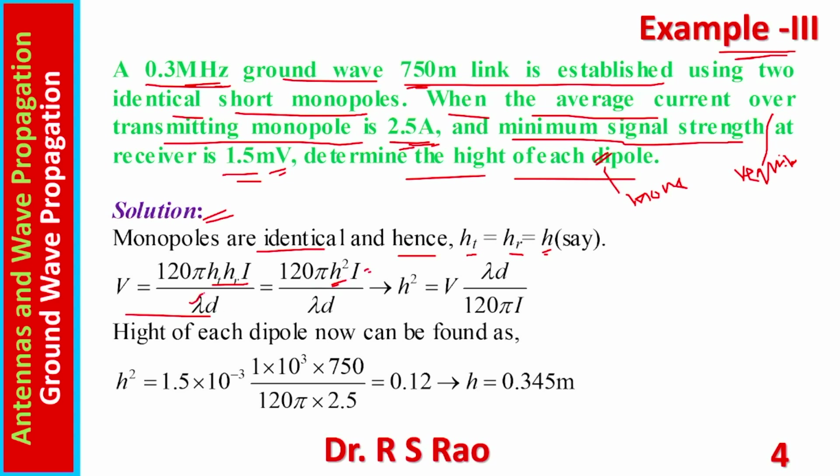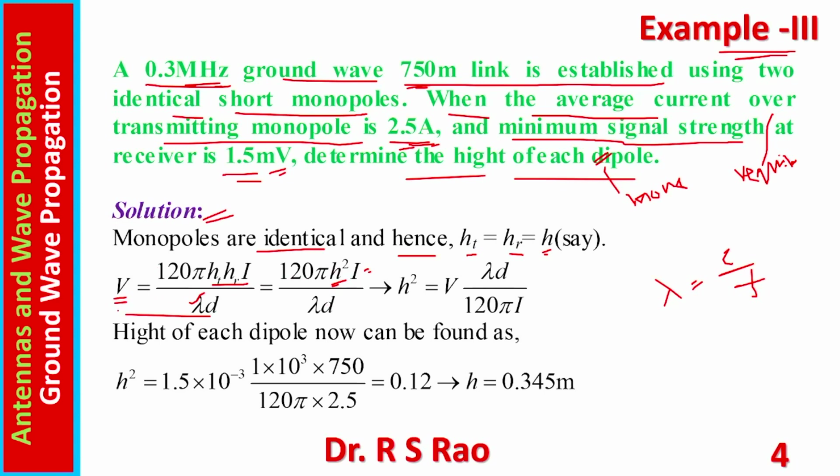Lambda is wavelength of the wave whose frequency is 0.3 megahertz. It can be determined within no time using the formula C by F. F is 0.3 megahertz. C is 3 into 10 power 8 meters per second. So lambda is available. D is also given, 750 meters. So V is 120 pi H square I by lambda D.